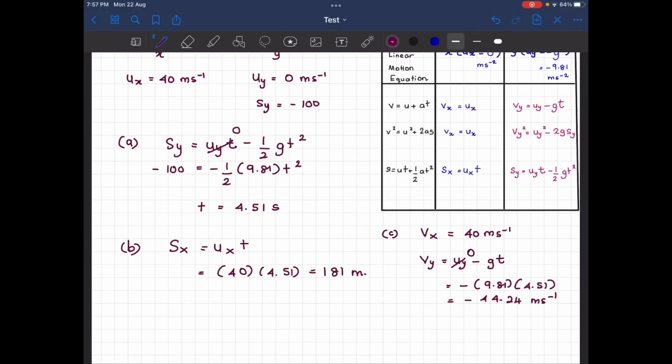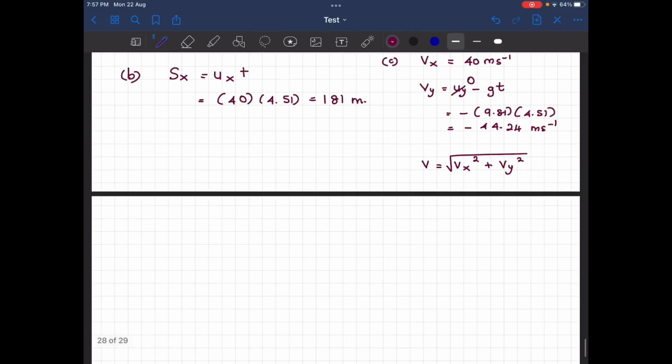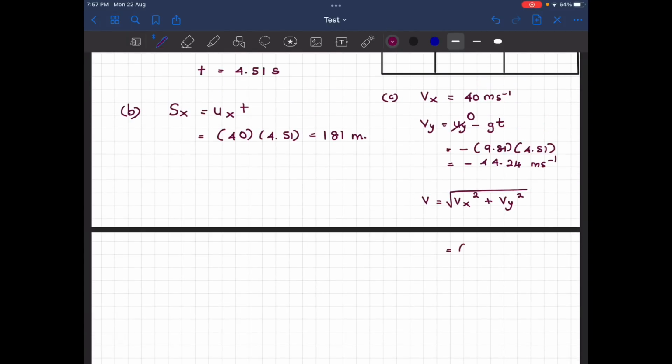So in order to find the value of V, you have to use the hypotenuse, which is V equals square root of Vx squared plus Vy squared. Then just insert the values from earlier, and you get your answer to be 59.64 ms negative 1. Okay, so that is for C.